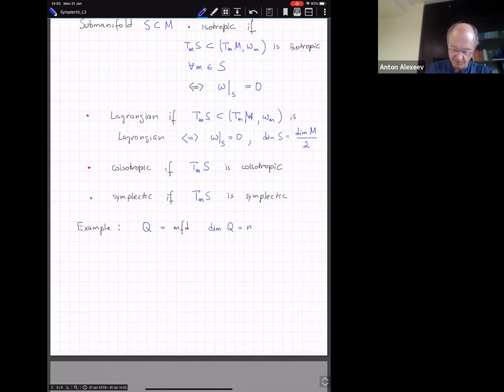And we take M to be the cotangent bundle of Q. So we know that it carries the standard symplectic form, which in a local chart looks like this: simply dp_i wedge dq_i.